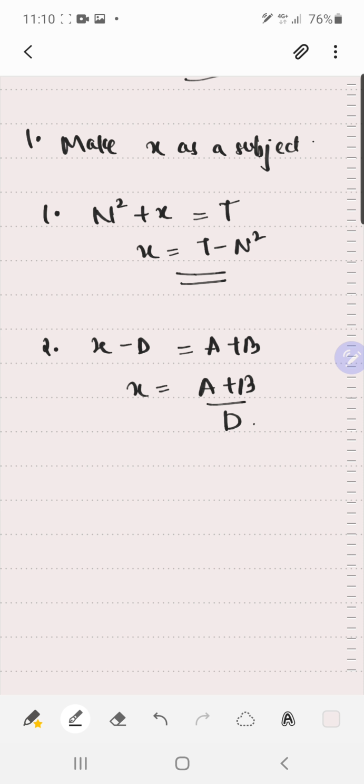Actually, the standard form of doing such kind of problem is this: if your d is there, if you want to take out d from here, suppose your problem is this. So you have to write, add d on both sides.